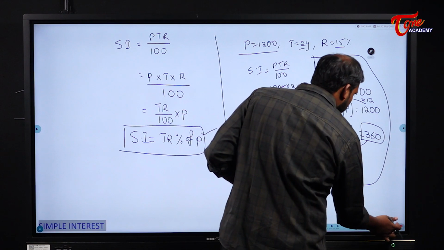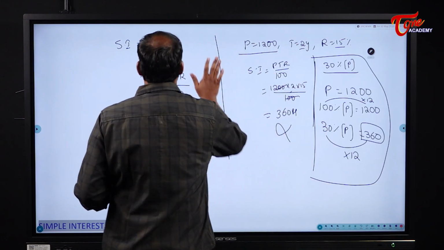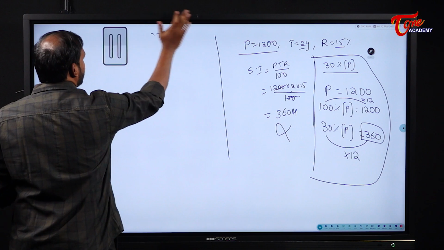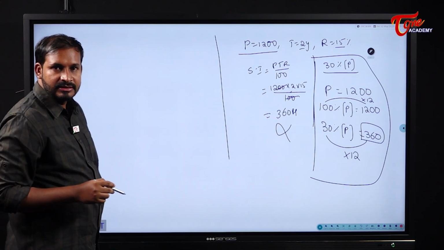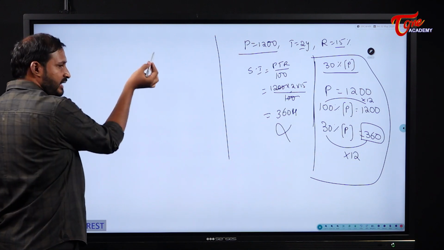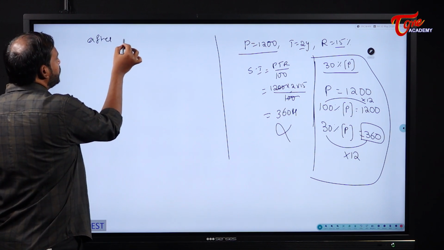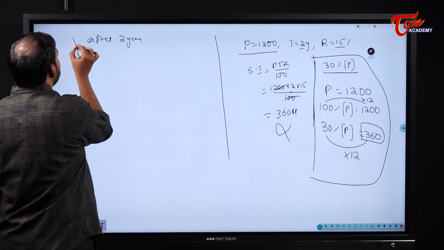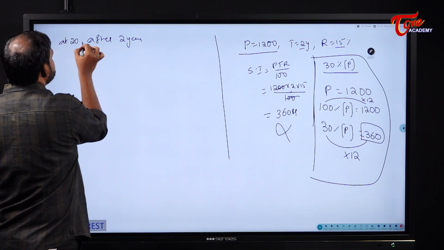Next, there is one more question, something like this. Let us see one more example, students. For example, a person borrowed some money at, let us assume, 20% rate of interest.